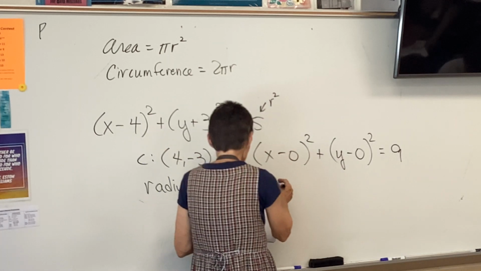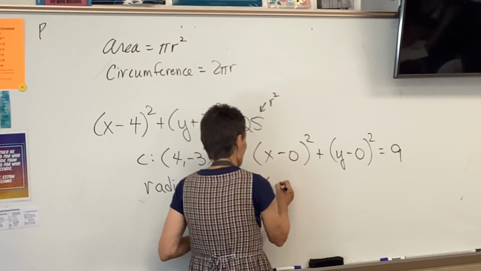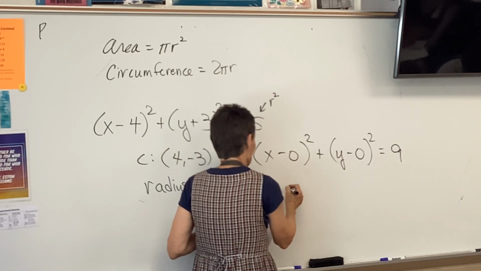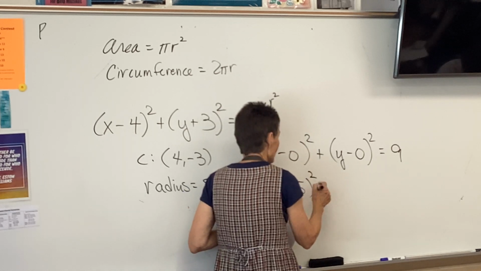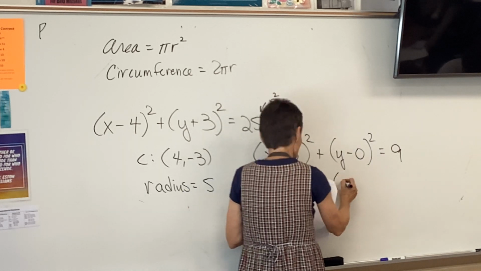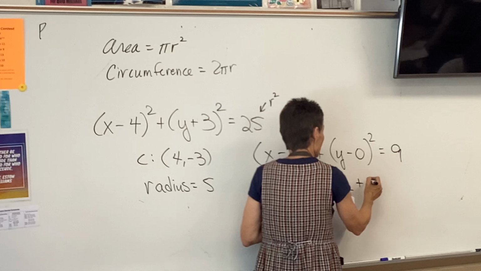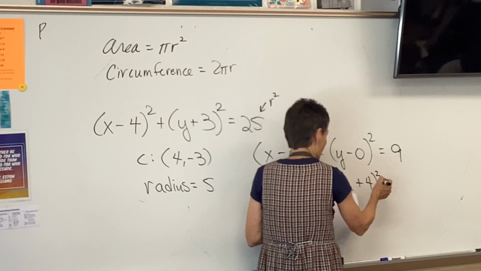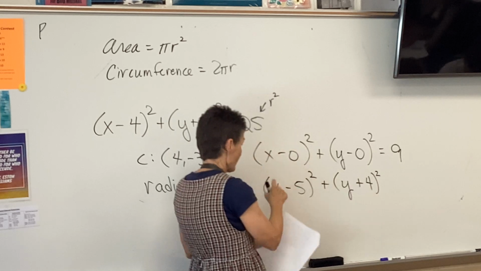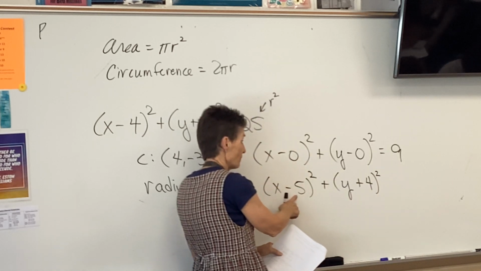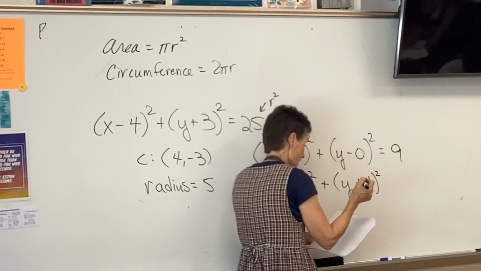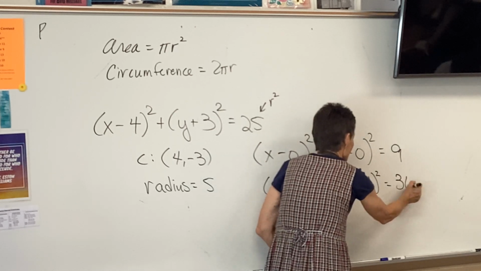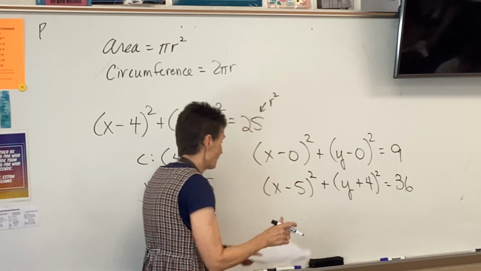Okay, tell me what B is. x minus 5 squared, don't forget the squared, plus y plus 4. We're on problem B. So (x minus 5) squared plus (y plus 4) squared equals 36. Perfect.